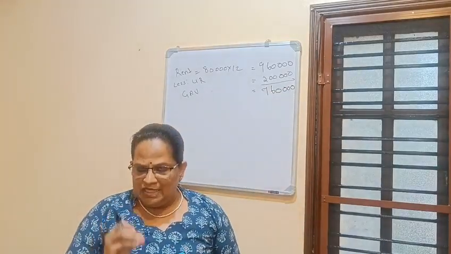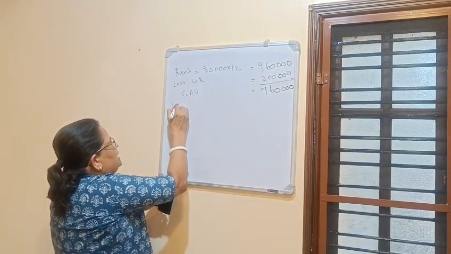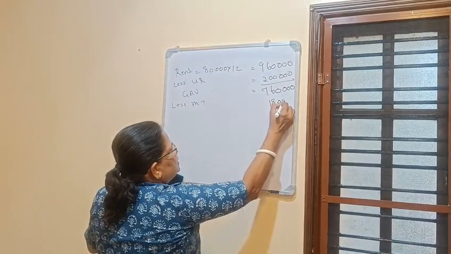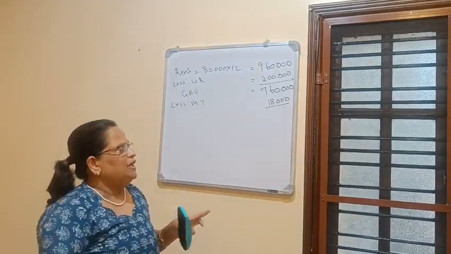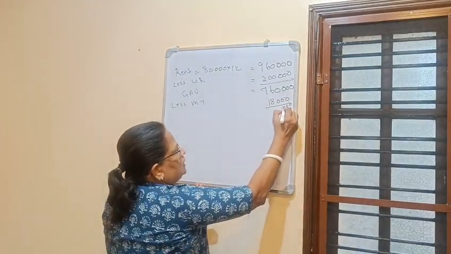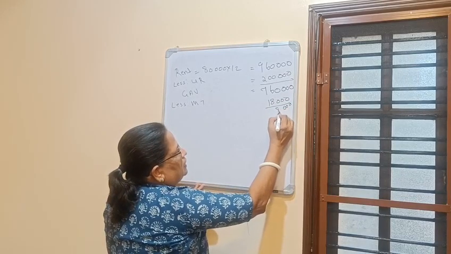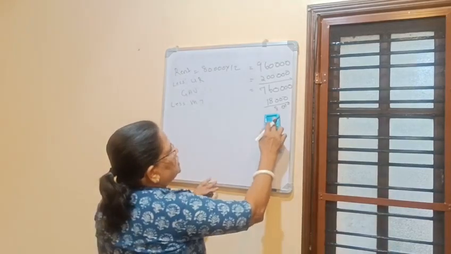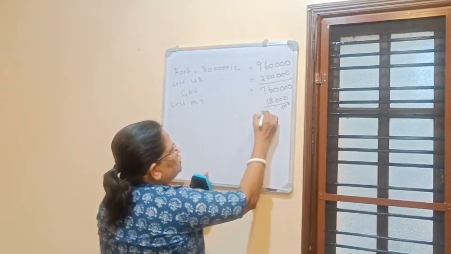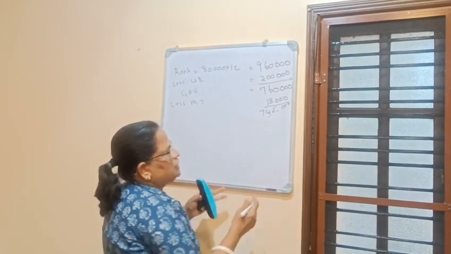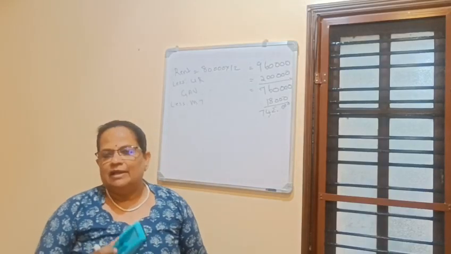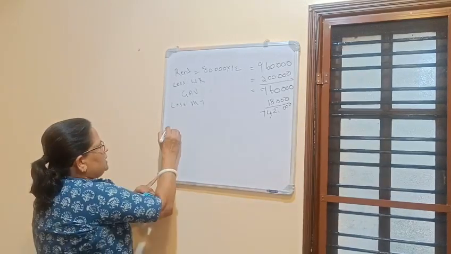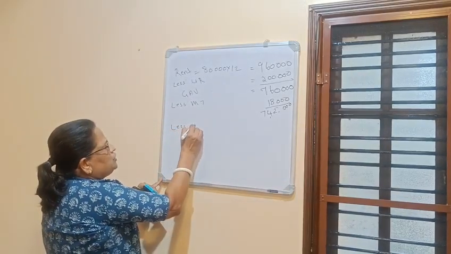Now less municipal taxes, 18,000. When you reduce this, you will get 7,42,000. Now from here, less deductions under section 24. Here two deductions are there.